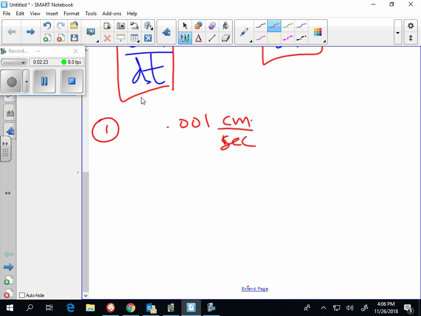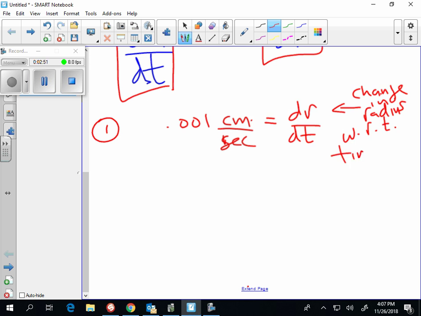So when I look at the words in front of this number, its radius increases at a rate of 0.001 centimeters per second. So I'm going to name this number dr/dt. It's a change in radius with respect to time.